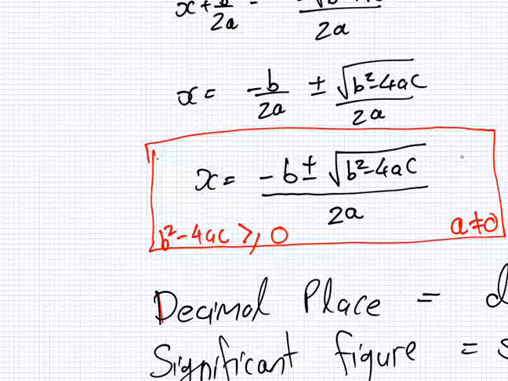Yes, minus 8, thank you. And next, what have I got in here? Divide by 2. Yeah, in here, here, and here is a 2. So we can cancel by 2. So you get x equals minus 4 plus or minus 2 root 2 over 1.